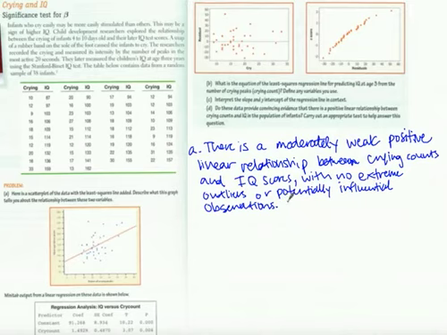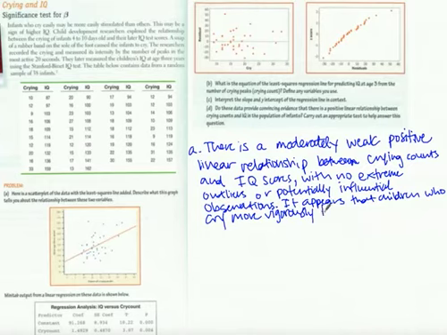So basically, to interpret that, we would say it appears that children who cry more vigorously tend to have higher IQs.